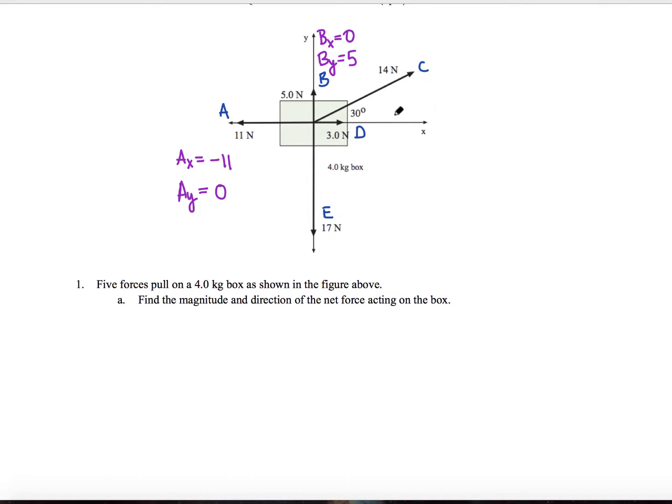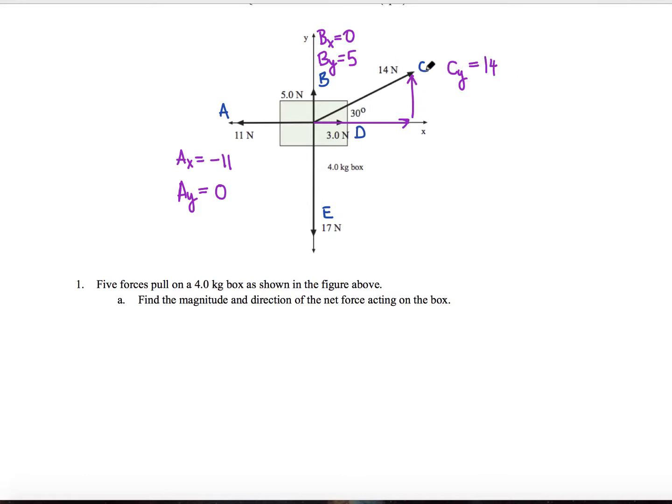C gets a little more interesting. C has a horizontal and a vertical component. I have a vertical component here and a horizontal component down here. The vertical component will come from finding the opposite side to this angle.